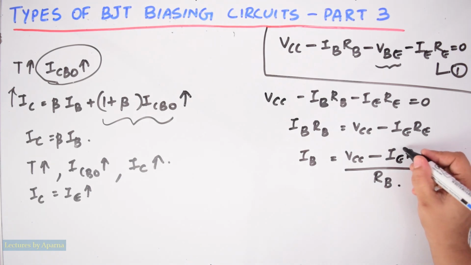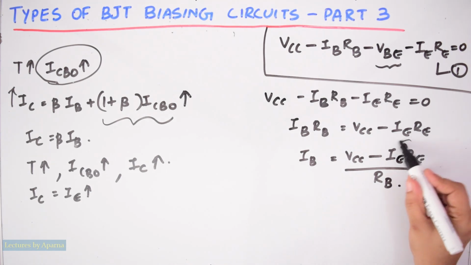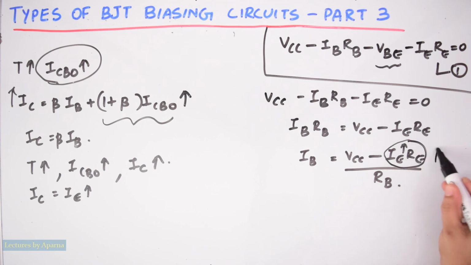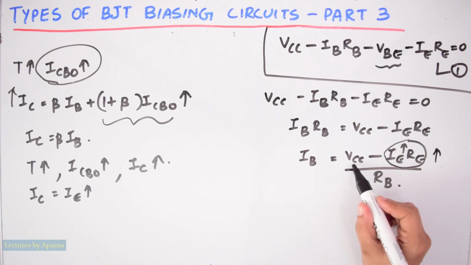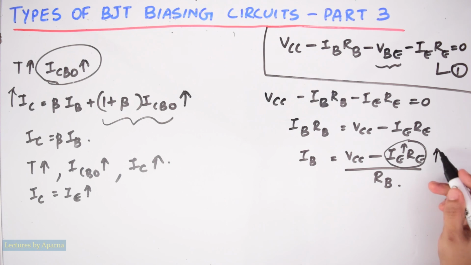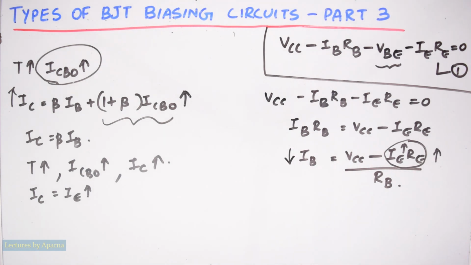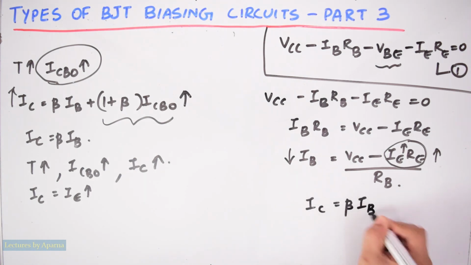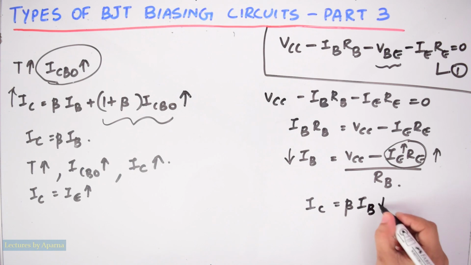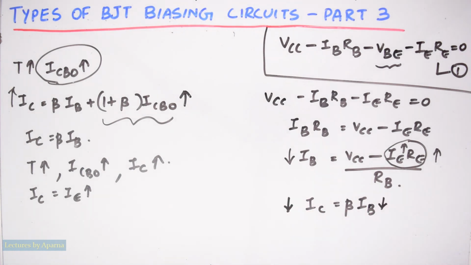So when IE increases, this term IERE will also increase. This VCC is a constant. So when this term increases, IB will decrease. We know IC is equal to beta IB. So here when IB decreases, IC will decrease.